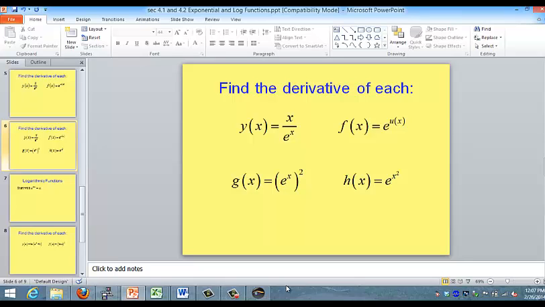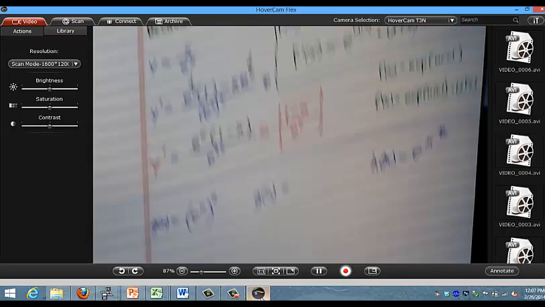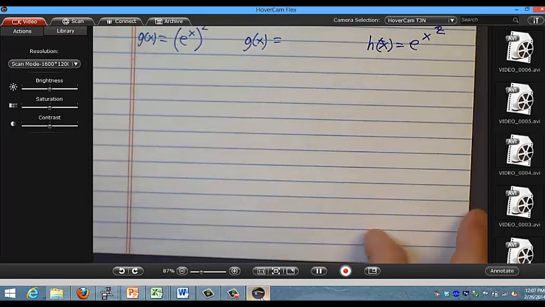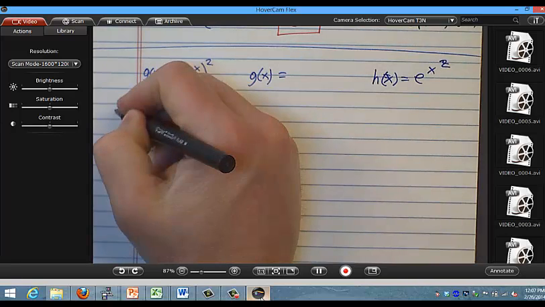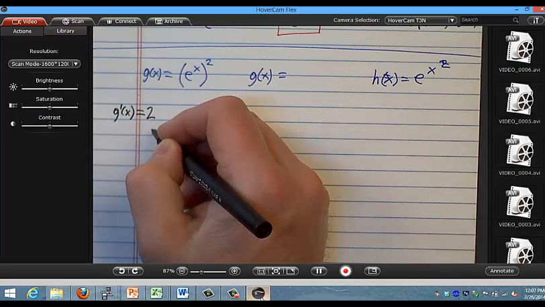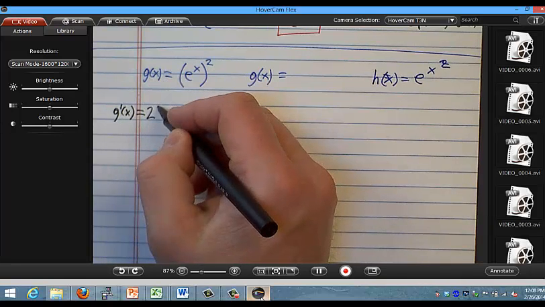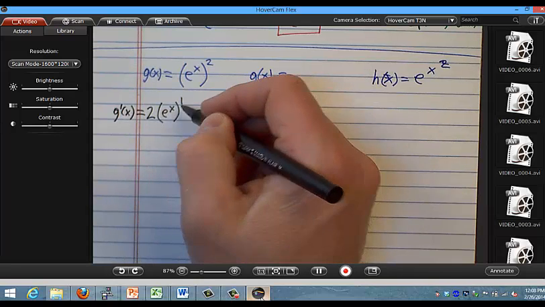And then you guys understand that the one on the right is different, okay? So, here, let's take a look. So g of x, if you try to use the chain rule, you're going to get g prime of x equals bing, right? And then bing, e to the x to what power? First. And then bong, but what's that?